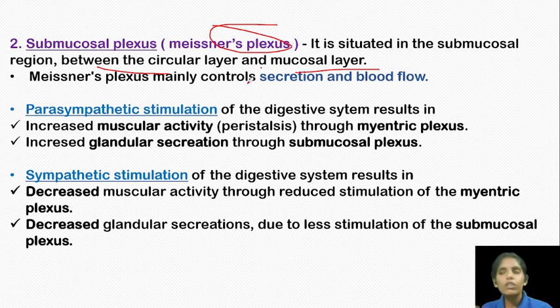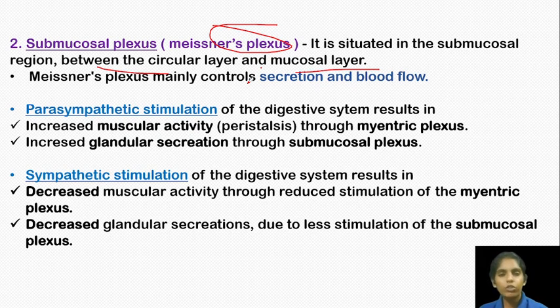The function of the submucosal plexus is to control the blood flow and also the secretions to the digestive tract. There are different secretions and different enzymes that are secreted into the digestive tract. So all these secretions will be controlled by the submucosal plexus.